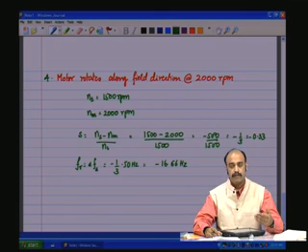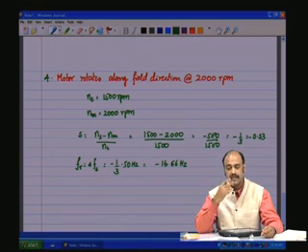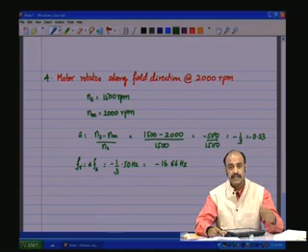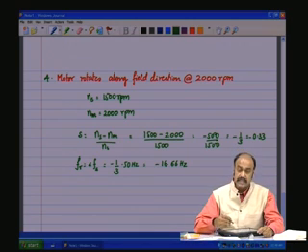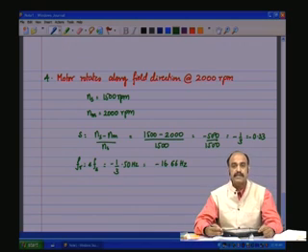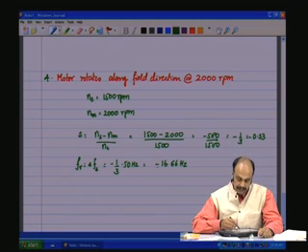That is, energy is flowing back into the mains, from the mechanical side to the electrical side. In such a case, the motor is acting like a generator, and it is called an induction generator. So when the slip is negative, it means that it is acting like a generator, and that is the significance of the negative sign.